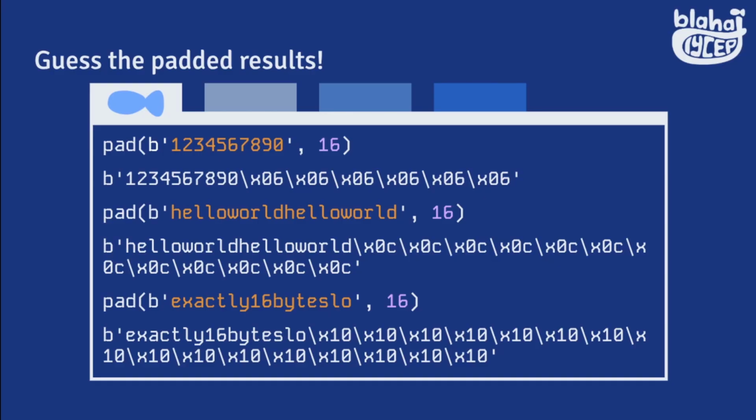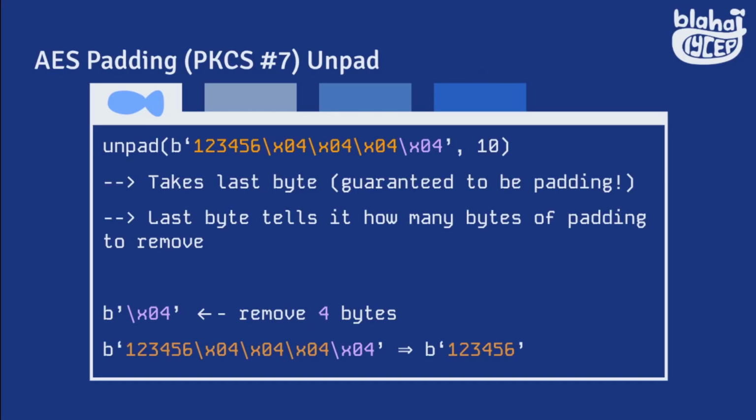Okay, so basically, it's because of something called unpadding, and it has to check the last byte. For example, with our first example, which is 6 bytes and pads 4 times, it checks that it is slash x04, and it will remove 4 of the last bytes.